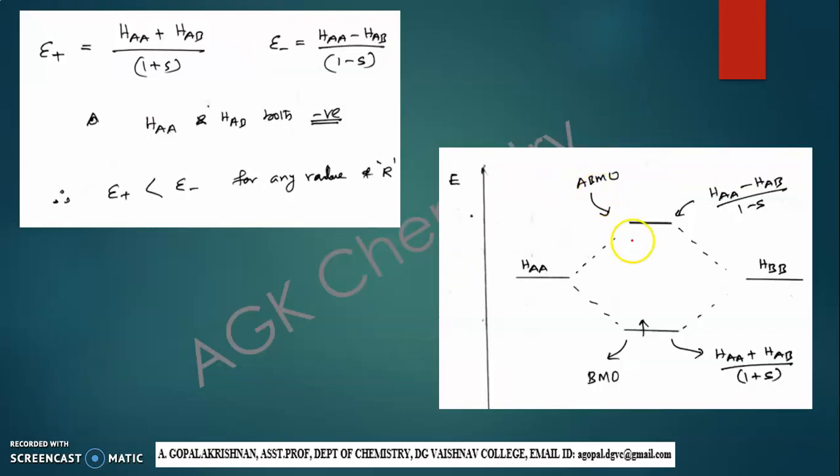Now, at the equilibrium geometry, this is the energy of the bonding state, E plus state, and this is the energy of the E minus state.